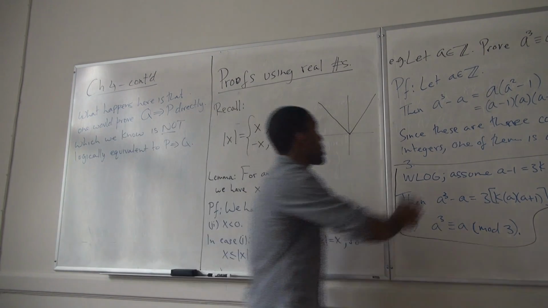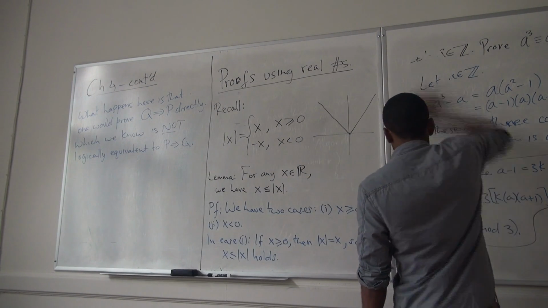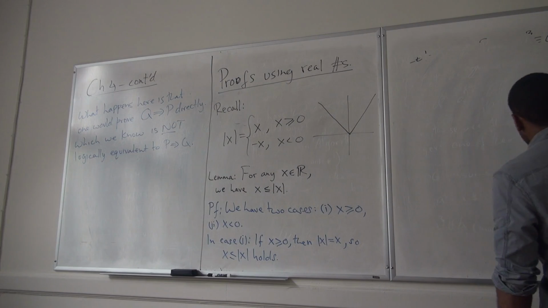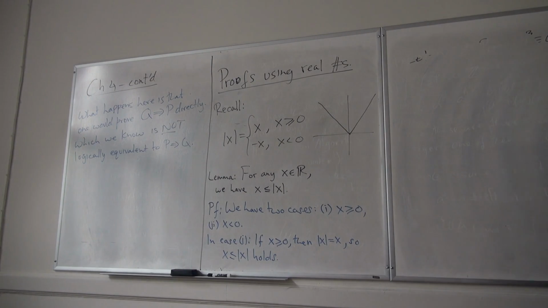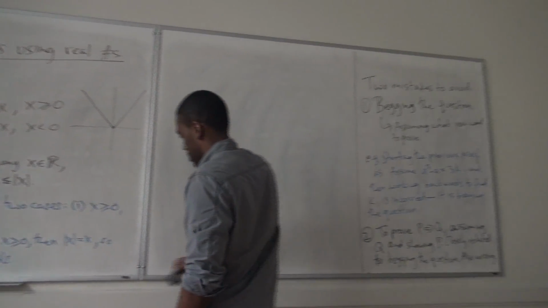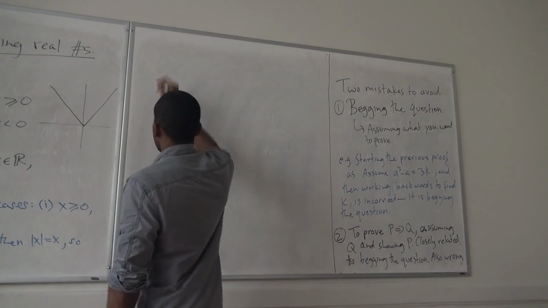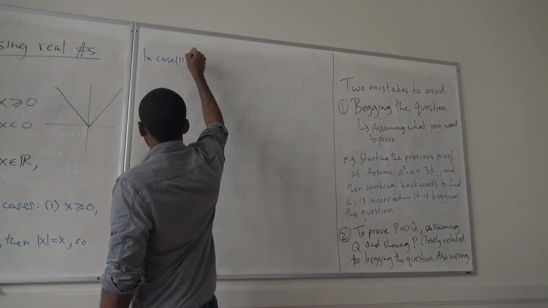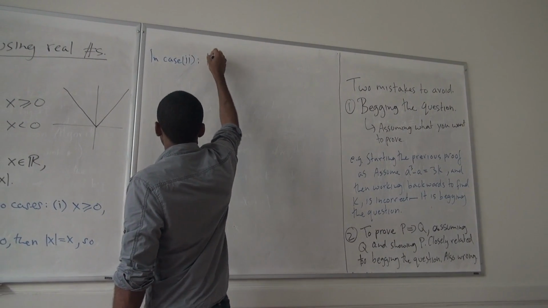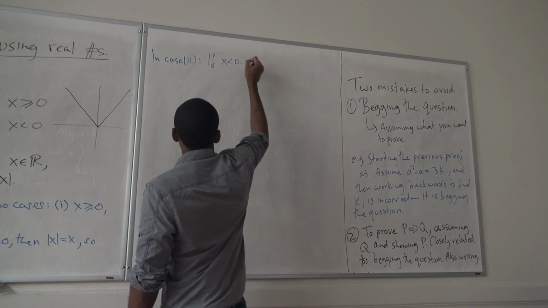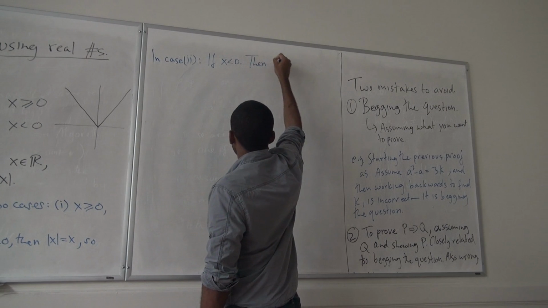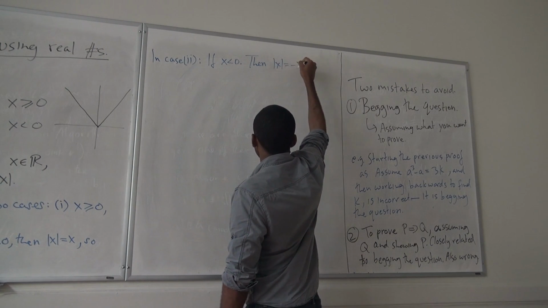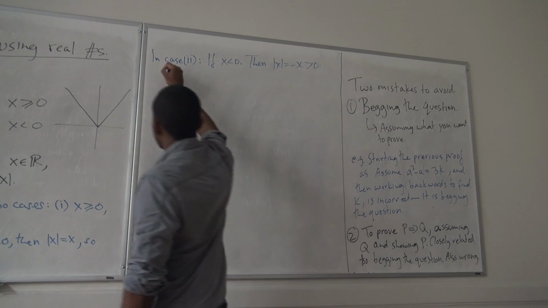And in the other case, in case 2, if x is less than 0, then the absolute value of x would just be minus x, which is greater than 0.